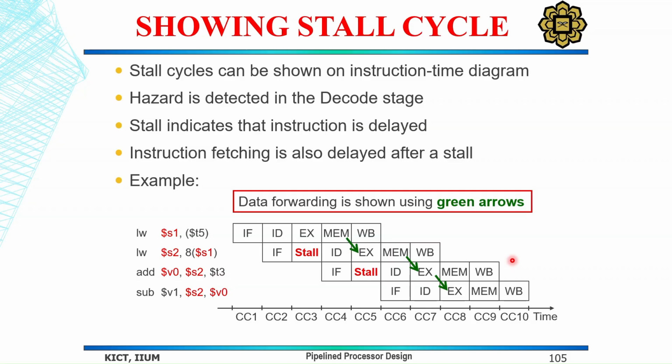So it depends on the instruction itself where the forwarding comes from and how many stalls are required. It varies from instruction to instruction at which clock cycles we need the stall and at which clock cycle we need the forwarding.